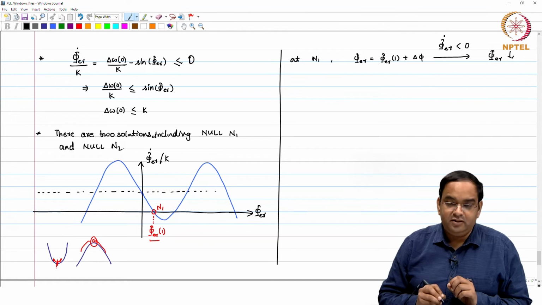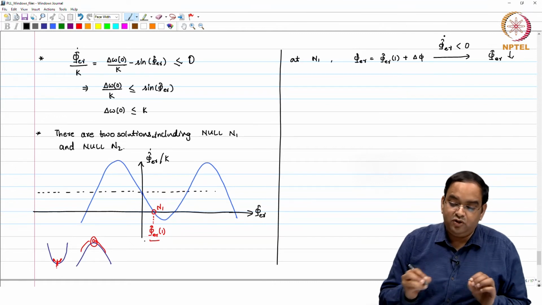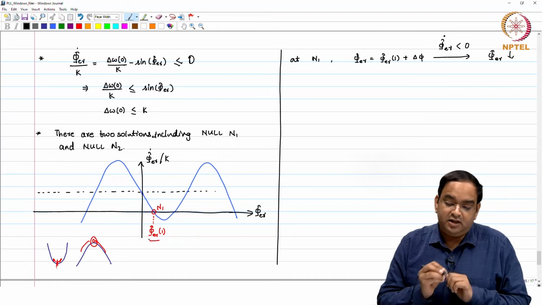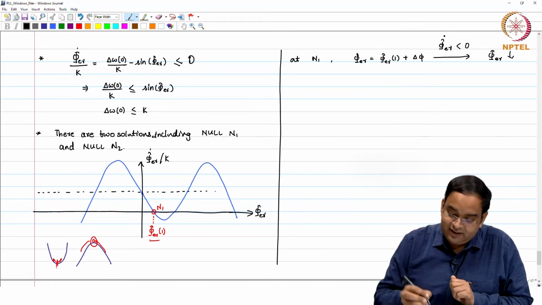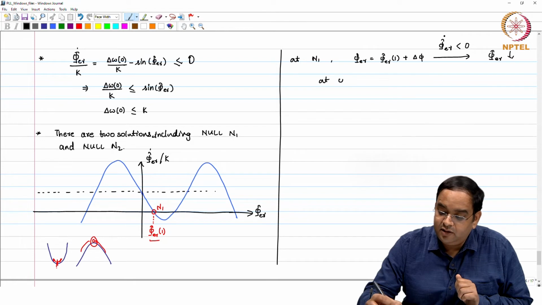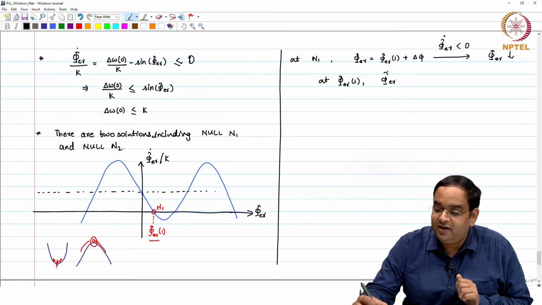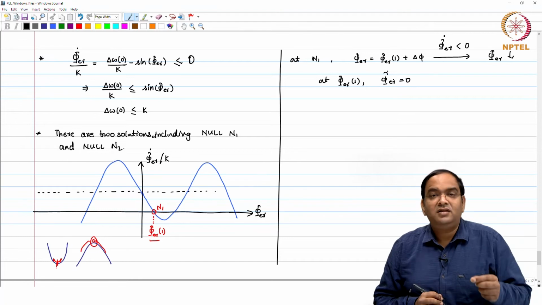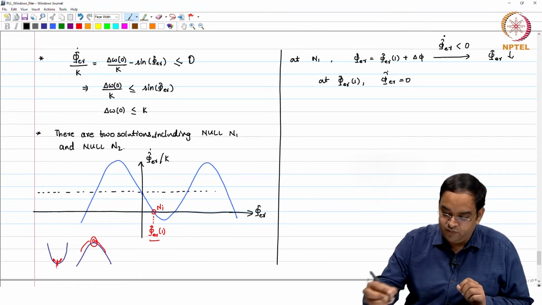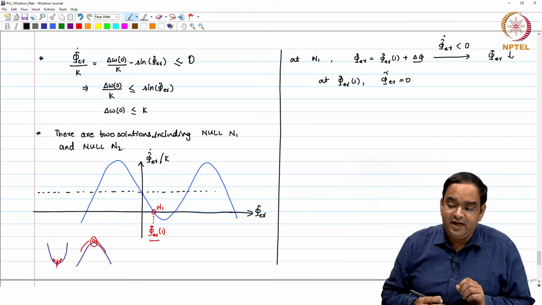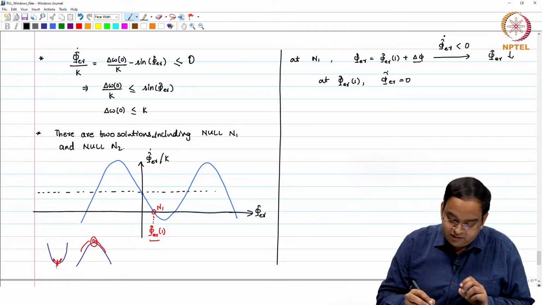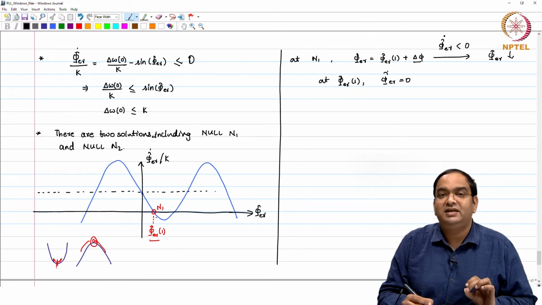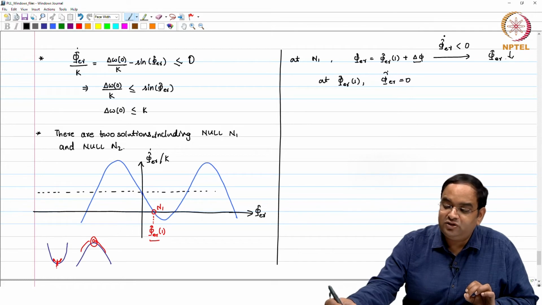At null N1, if this is a solution, then exactly at phi error 1, your derivative of phase error is equal to 0. But at phi error greater than phi error 1, which is when you make a disturbance delta phi, because the derivative of the phase error is negative, or the slope is negative, you will reduce the phase error.